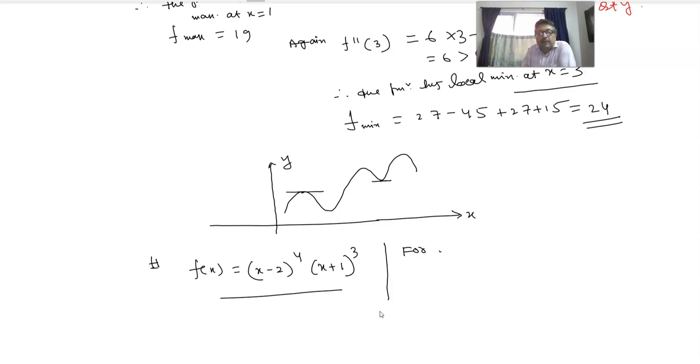First step will be the same for local maxima or minima. We'll put f dash x equal to 0.